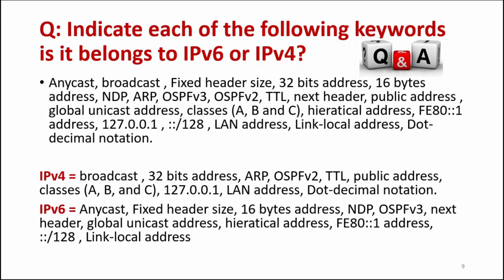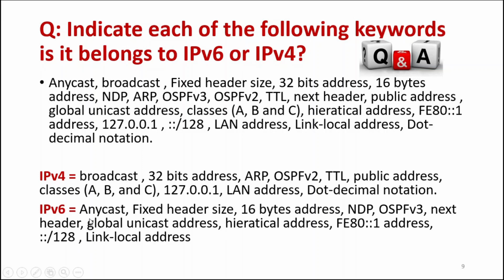Public address. Public is the name of a type of address in version 4, equivalent to a global unicast address in V6. It means the global addressing in IP version 4 is called public address. In IP version 4 we call it public address, or global, or routable.